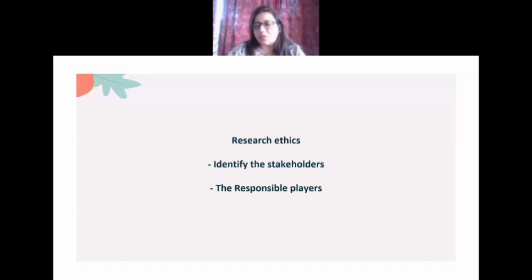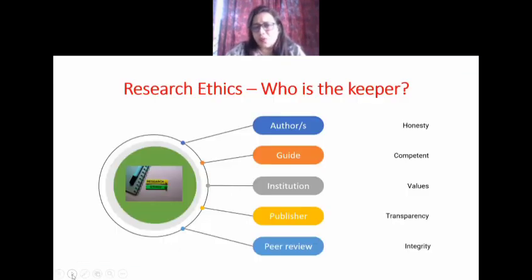Society generally is a stakeholder because you're contributing to the research universe, the knowledge base. There are a lot of stakeholders over here. All of them must be the keepers of research ethics also.